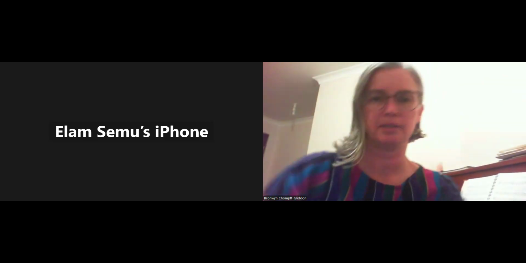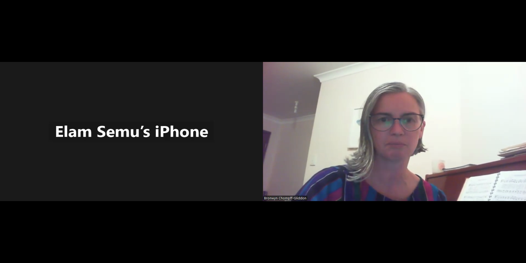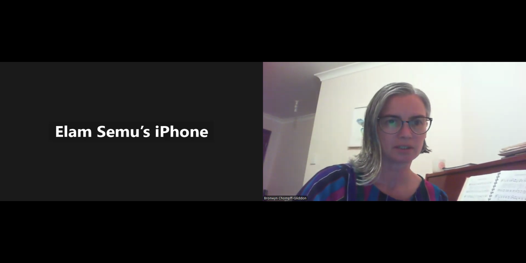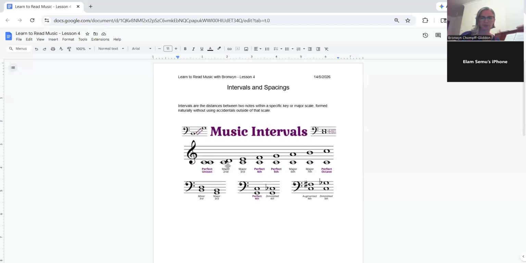Now I'm going to share a document which will explain this a little bit more. Music intervals. So we've got, see here, the third. This is based on a C major, so the tonic is the bass note.